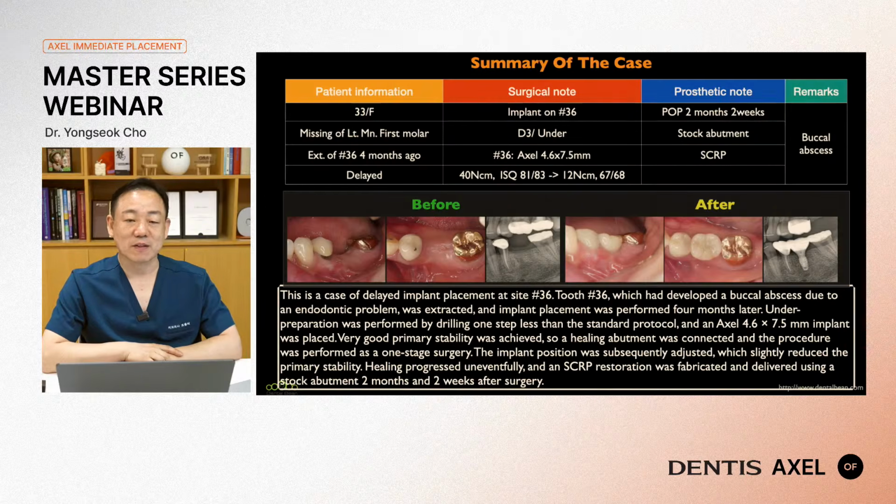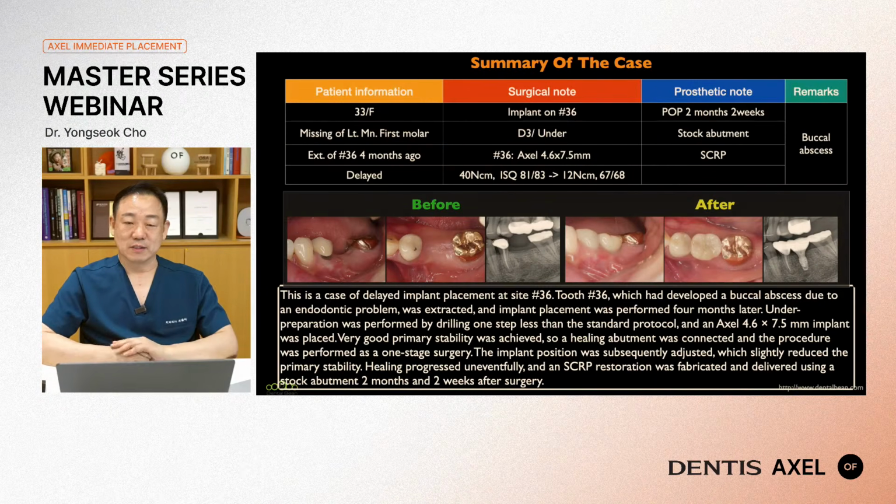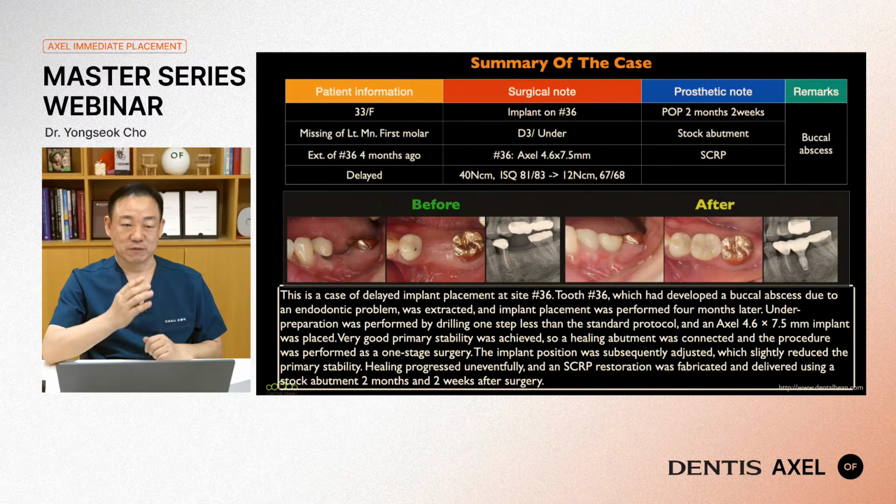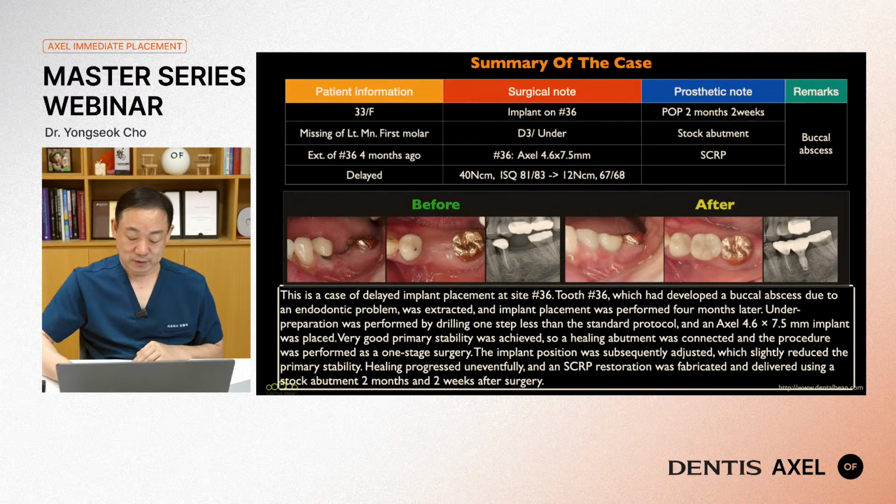Mostly it is flapless surgery. So although I waited several months, the surgical time is very short. Patient feels very comfortable, and the follow-up healing time is also very clean and short. So we can make a nice result in a very simple way.